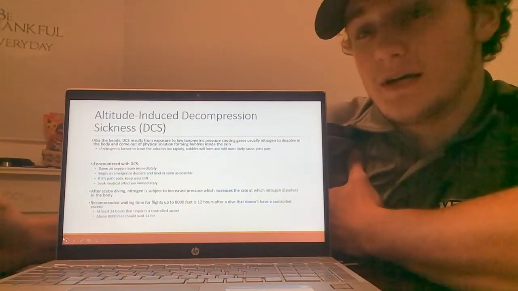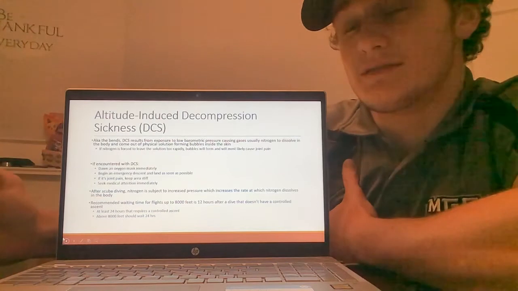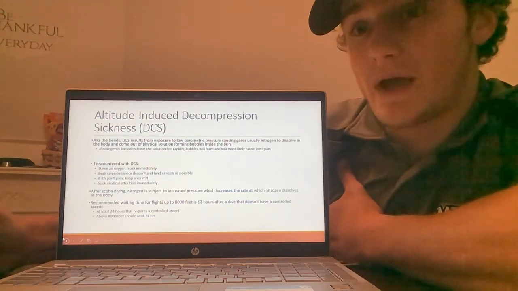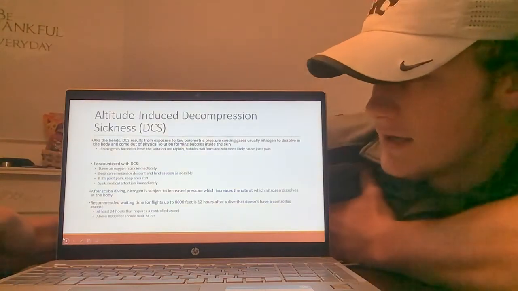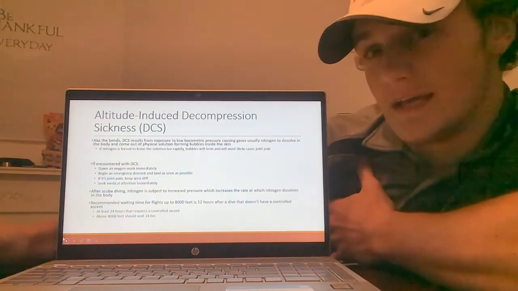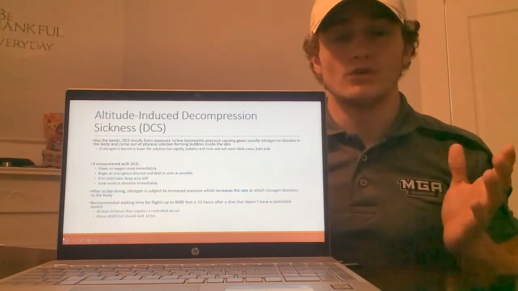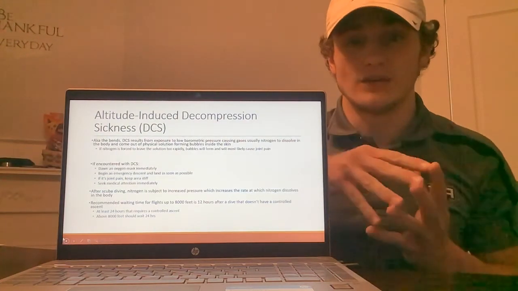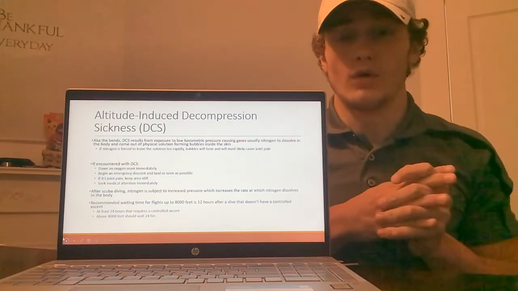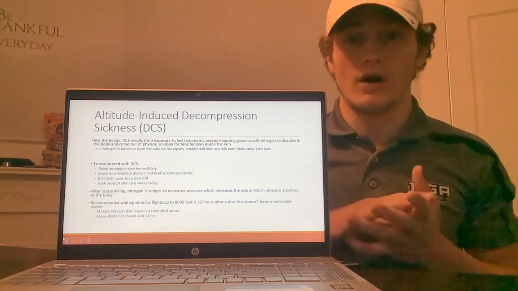And that is just altitude sickness, but this is very, very important when you're talking about scuba diving, because of what happens when you scuba dive. When you're under the water, your pressure is a lot more than when you're at sea level because of all that water on you.